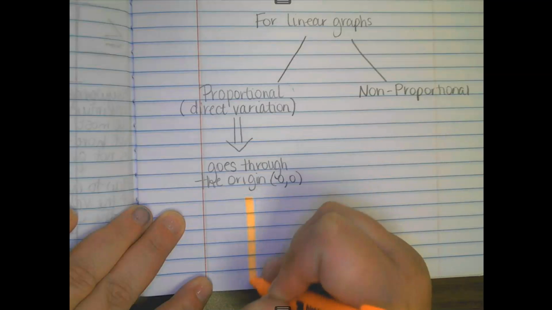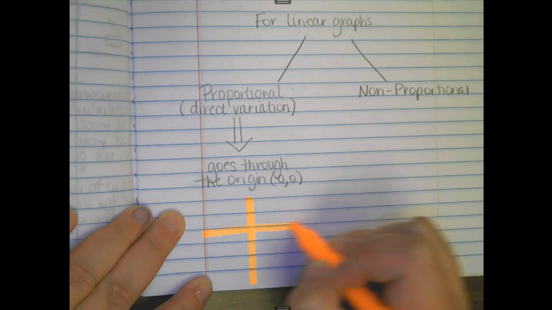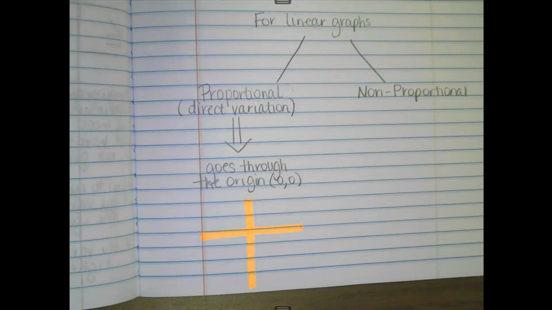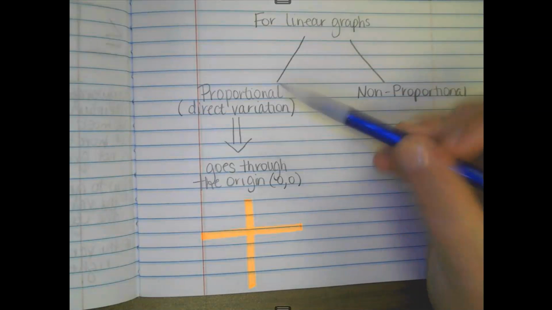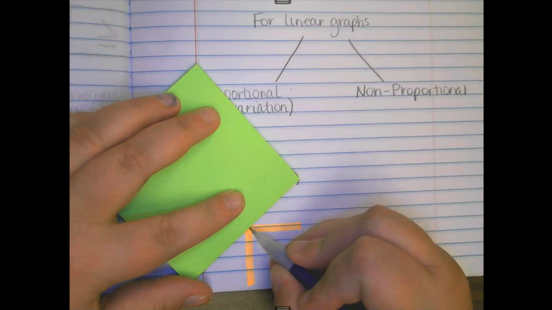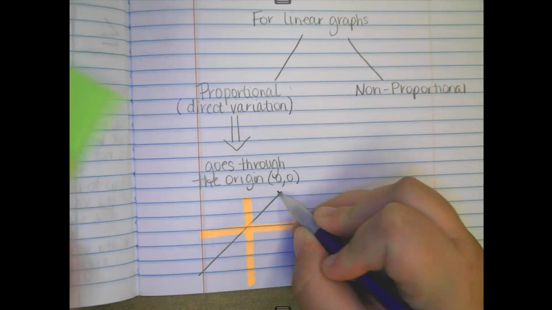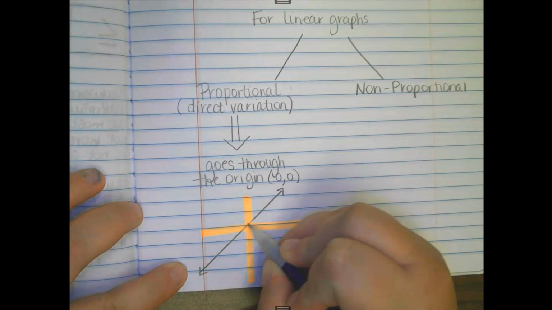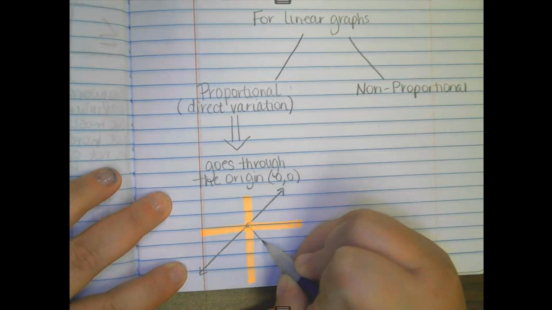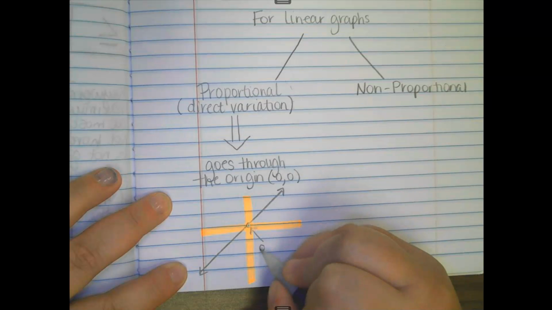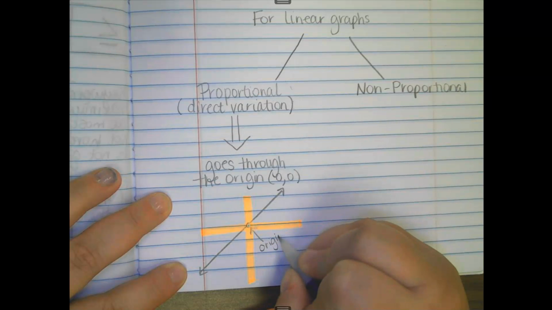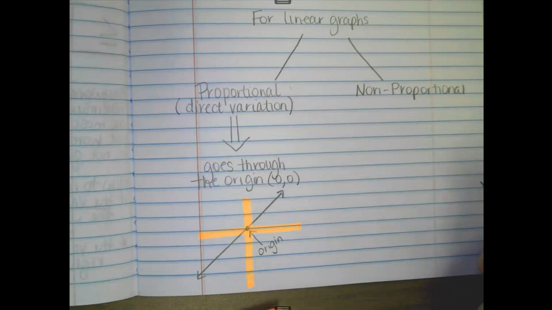And it can fill up right under there. And we're going to draw a straight line, because it's linear, that goes through that center point. Just like that. And I'm going to draw a line, point, and I'm going to say origin. Origin's where my two axes meet.